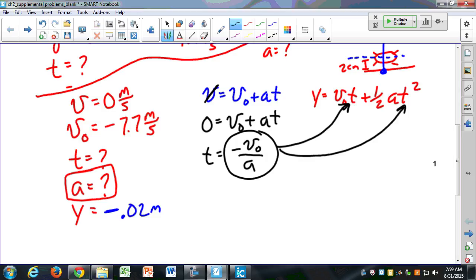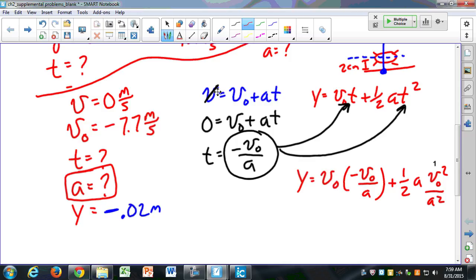So y equals v naught times negative v naught over a, plus 1/2 of a v naught squared over a squared.